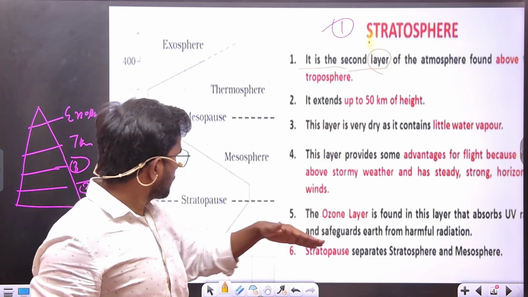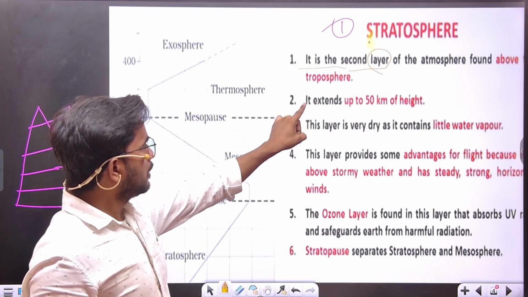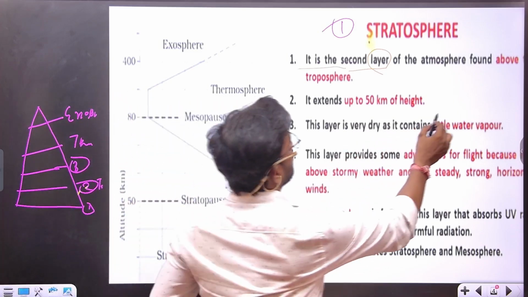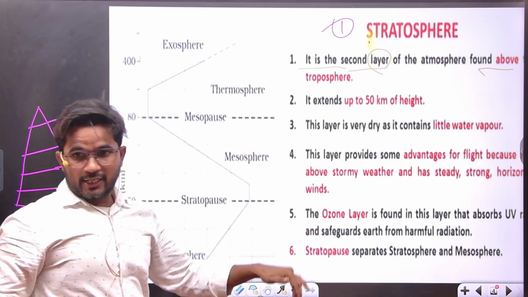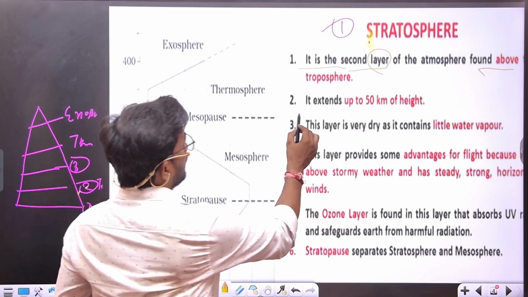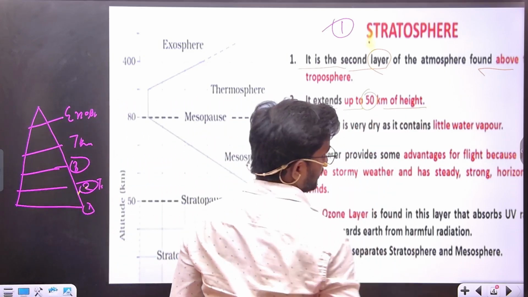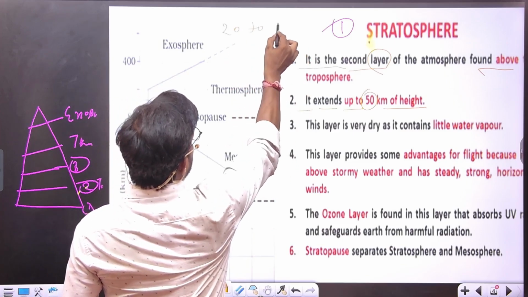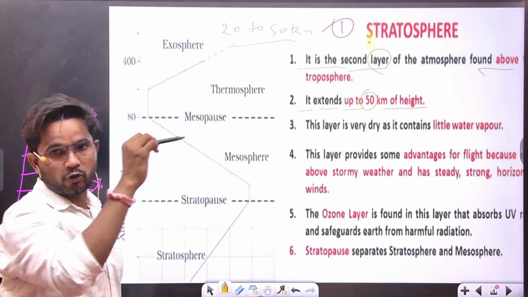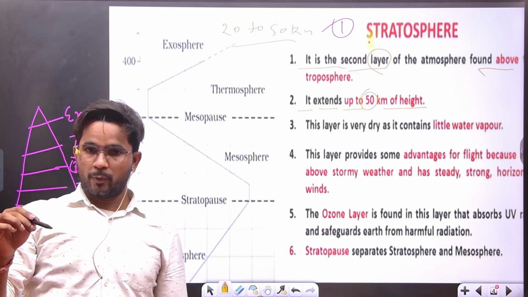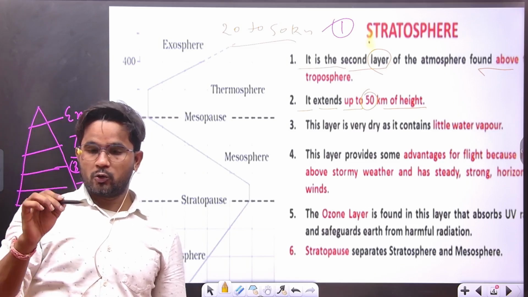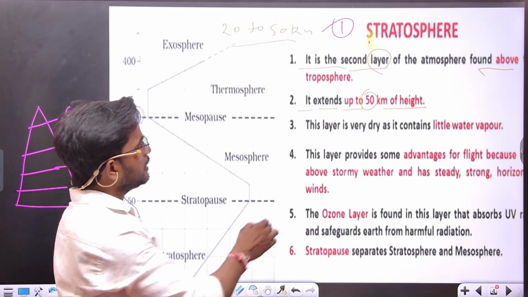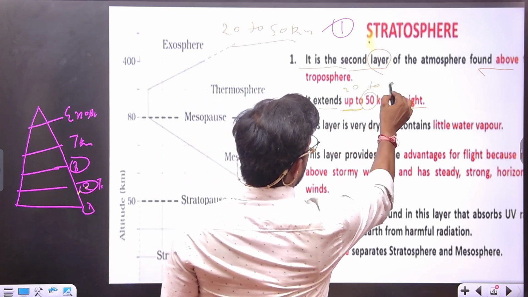It extends up to 50 kilometers in height. The stratosphere is 20 to 50 kilometers, between the tropopause and the stratopause. Understand point?